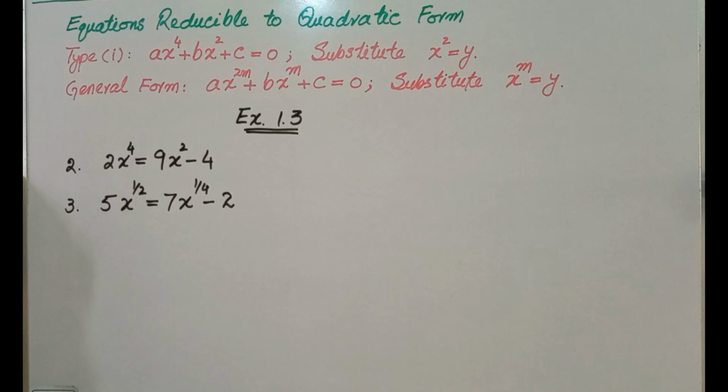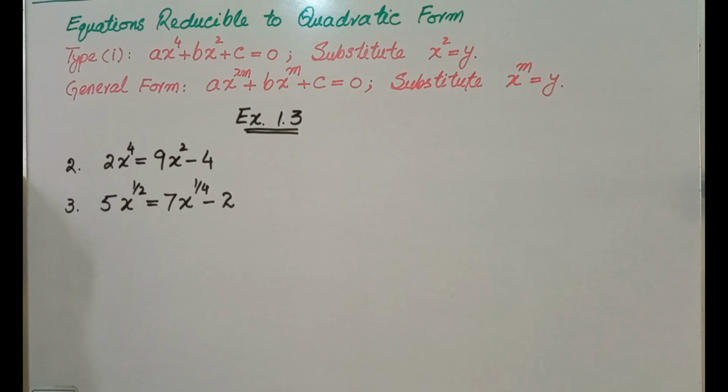When y is equal to 4, then x square is equal to y becomes x square is equal to 4, and from here we'll solve this for x. We'll take the square root on both sides. We have the square root of x square and the square root of 4.